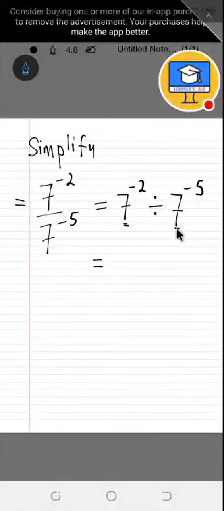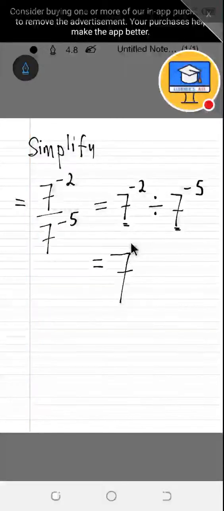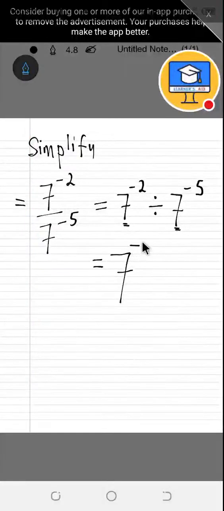If we have 7 here and another 7 here, when dividing numbers with the same base, you have to subtract the exponents. So we just write one 7, to the power negative 2 minus negative 5.